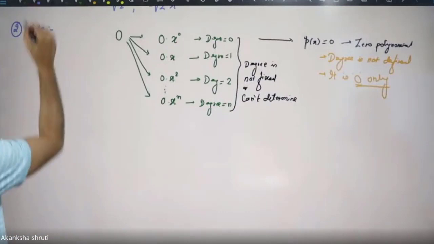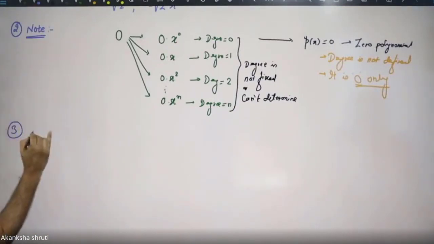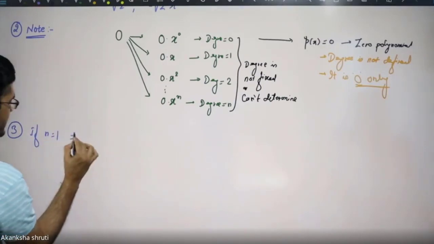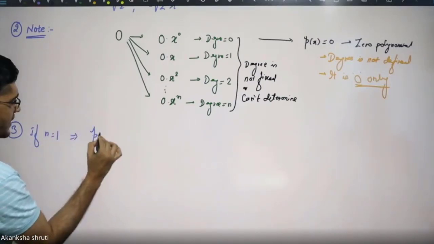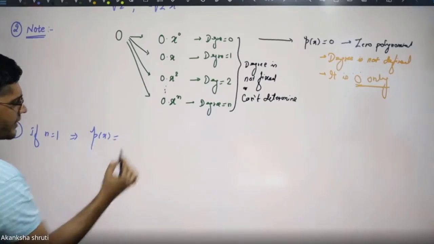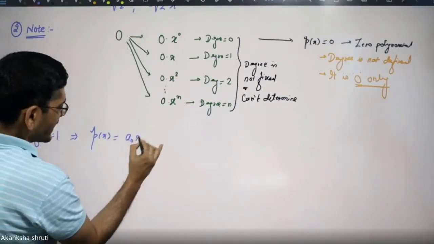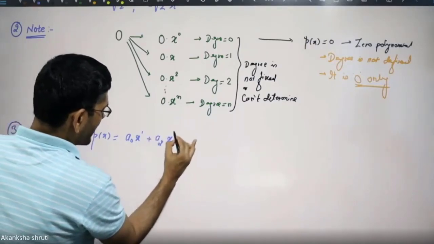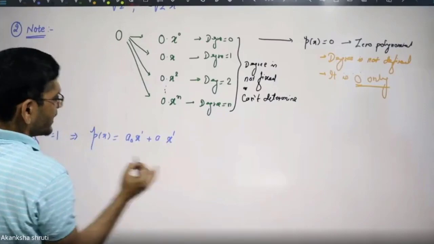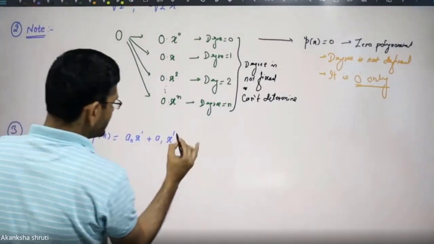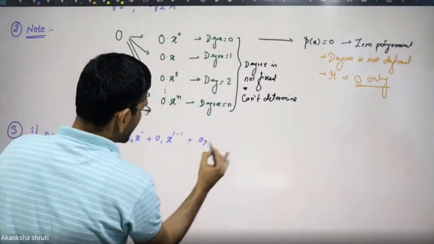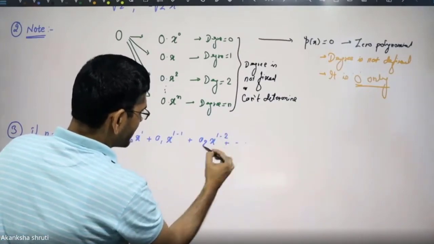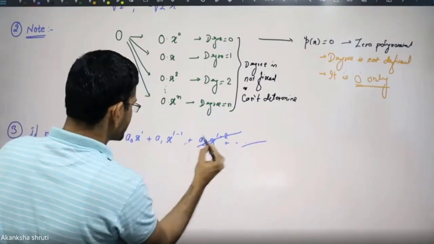So let us write the third possibility, if n is equals to 1. This implies, how is this polynomial? The polynomial p(x) will be the first term a0 x to the power 1, plus a1 x to the power 1 minus 1, plus a2 x to the power 1 minus 2. But here we observe that the power becomes negative, so these terms are not possible, and we need to end it here.